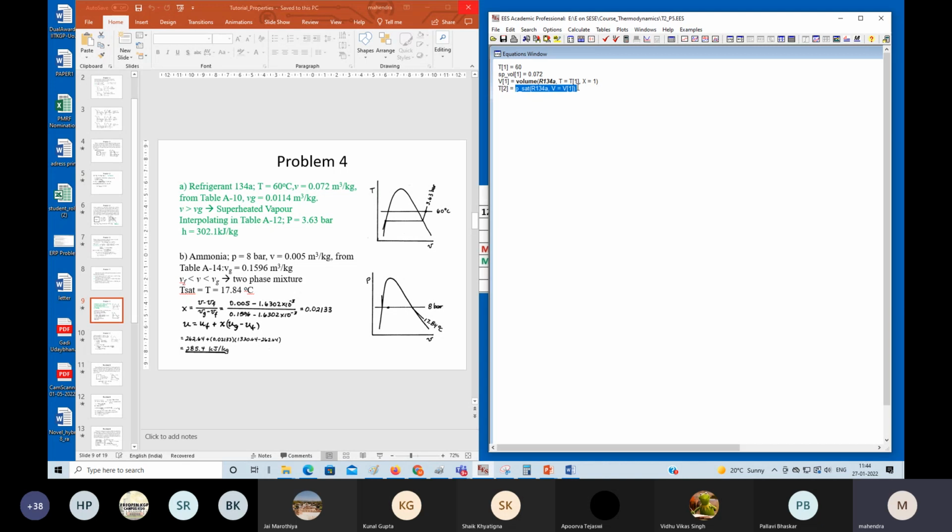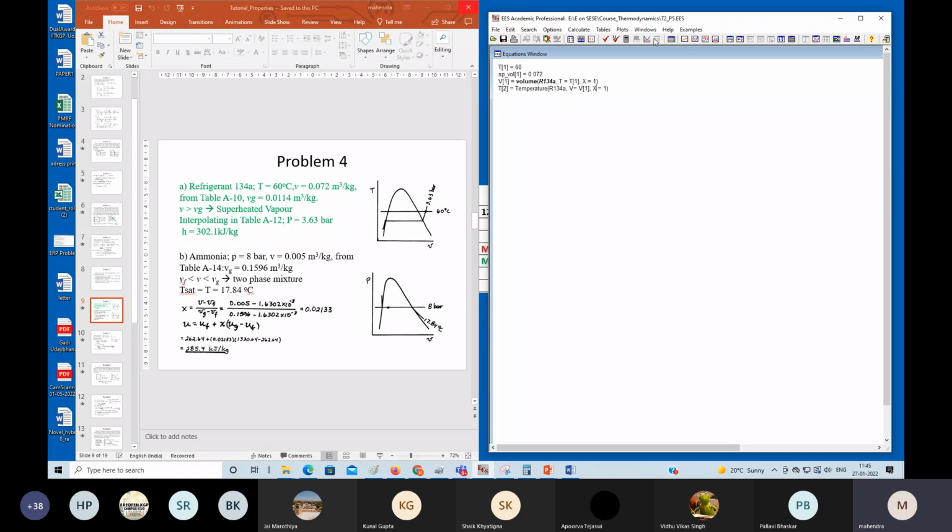Okay, temperature of 134a equal to... Or otherwise directly pressure also we could calculate over here.